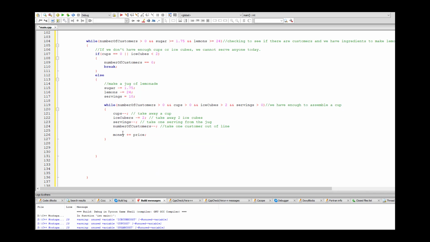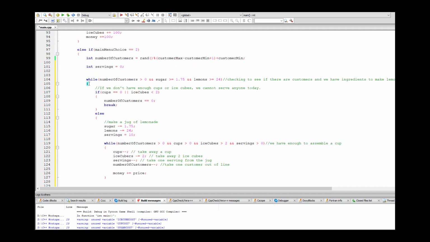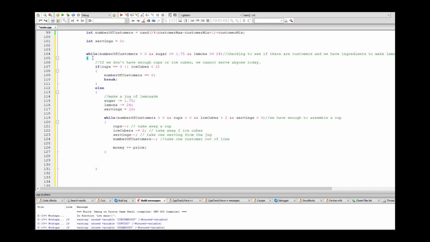Okay, so what's going to happen here is one of these is going to run out. We're going to either run out of cups, run out of ice cubes, run out of servings, or run out of customers. Whenever that happens, as long as that doesn't happen, we will keep selling our servings. Now, what happens if the servings runs out? Servings will run out. We'll come to the end of this else, right? Which will take us out into this while loop, and we will come back into this while loop here, and we'll say if our number of customers is greater than 0, right?